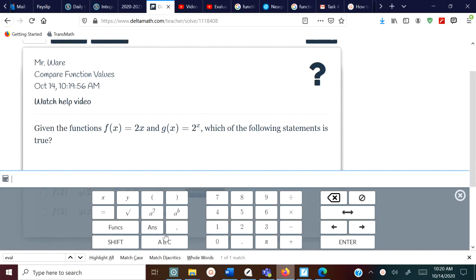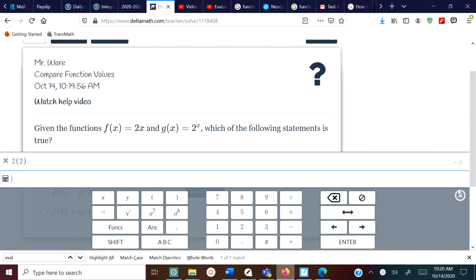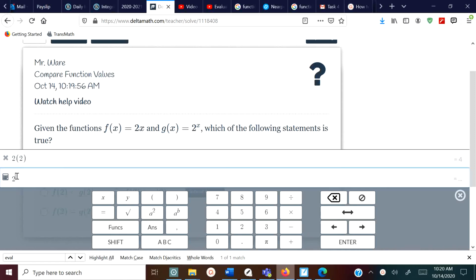We'll have 2 times x, and x is also 2, a lot of 2's here. You can do that one in your head, but you get 4. Then we're going to do 2 raised to the x, using this a raised to the b key. Hit that to make it come up, and then put in our x, which is 2.